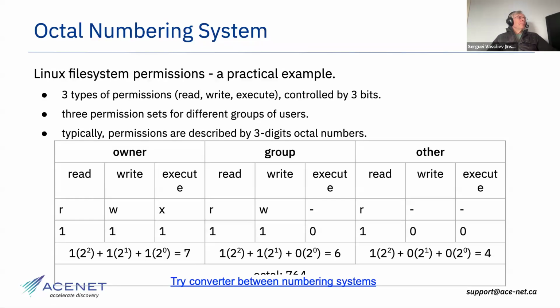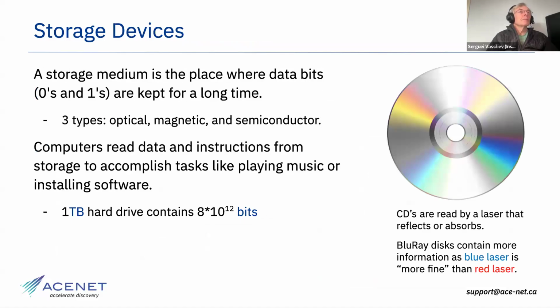All right, so next, we will talk about storage devices and how to choose the right device for your computer. We talked about bits, and what we need to do now to store data is to store bits. Bits can be stored on pretty much any physical medium that has at least 2 separate states.